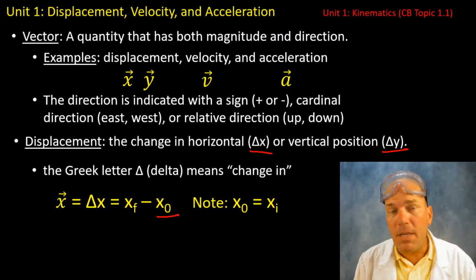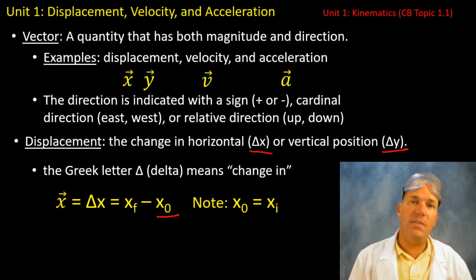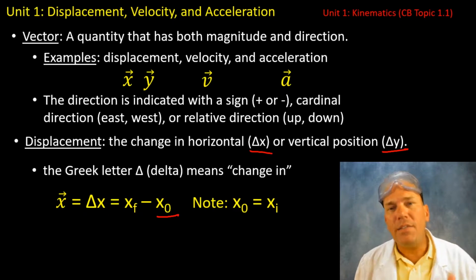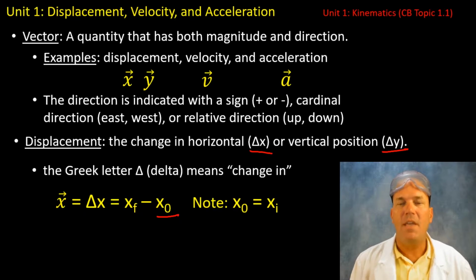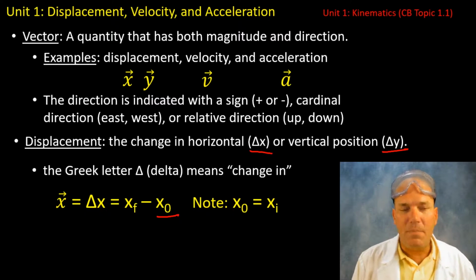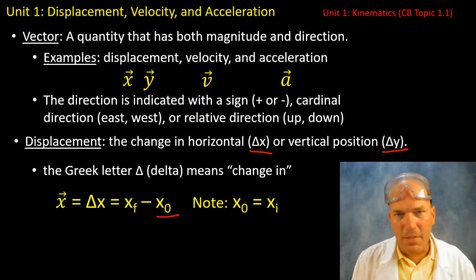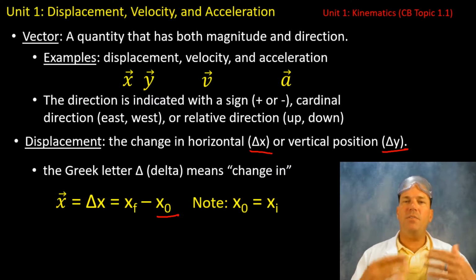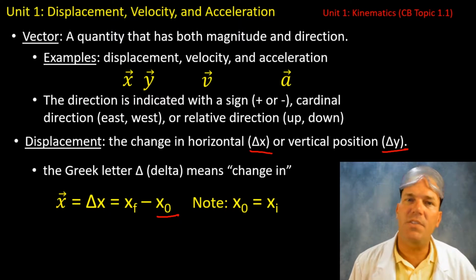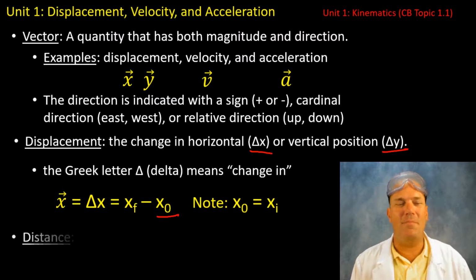They mean the same thing. I'll typically use the symbol naught because that's what appears on College Board's equation sheet. However, they mean the same thing. And the fact that in this example I'm using the variable of an x means that I'm describing the change in position horizontally for an object.